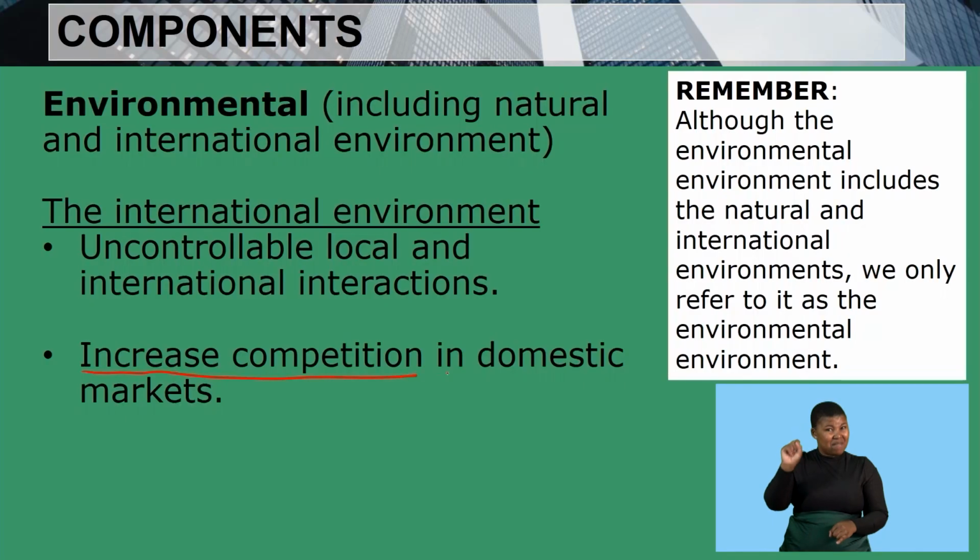But when we speak about international environment, it can also be competition in other countries, but for our business in this country. I'm thinking about the online shop Shein, where you can buy clothes for very cheap. And Shein is a Chinese business, which is then direct competition for all the clothing businesses in South Africa or locally. So international environmental factors can also increase competition for our domestic markets.